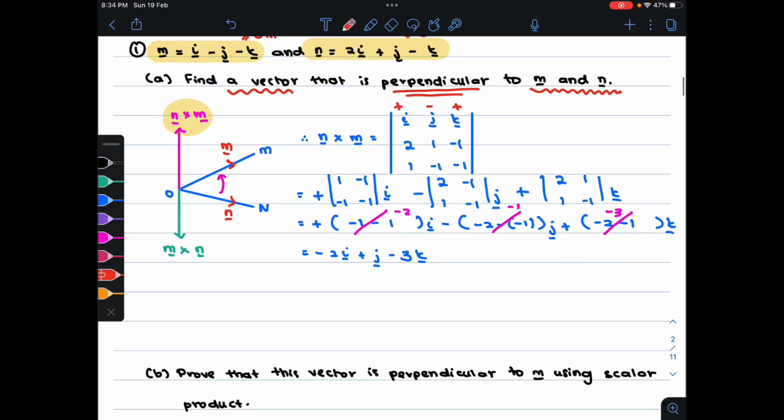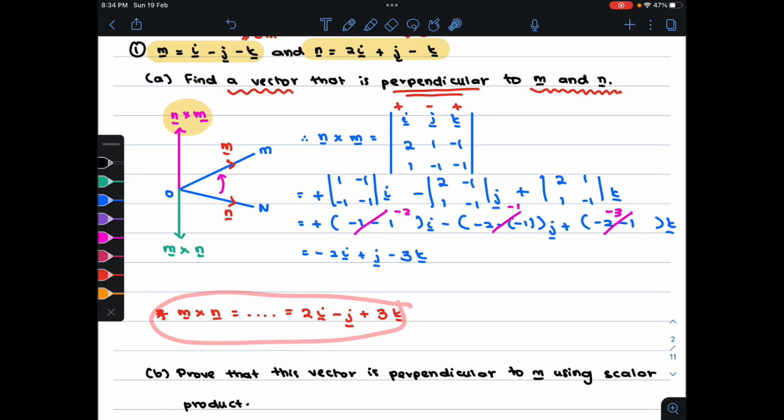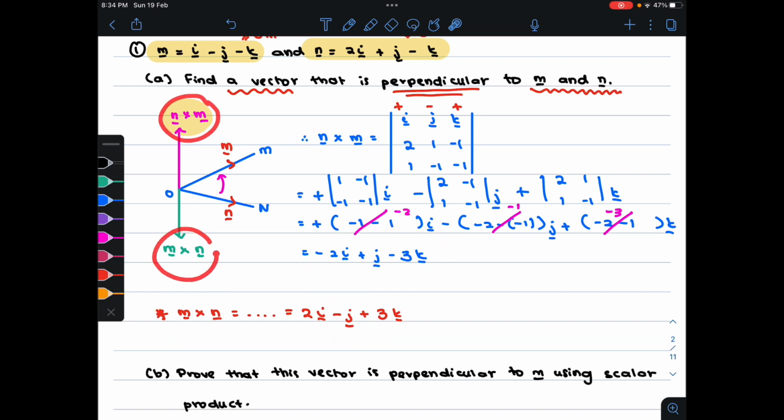But if you do the other way around, which is m cross n, you'll get the answer 2i minus j plus 3k. So as you can see, it's almost the same as n cross m. This is because these two vectors are actually opposite vectors.